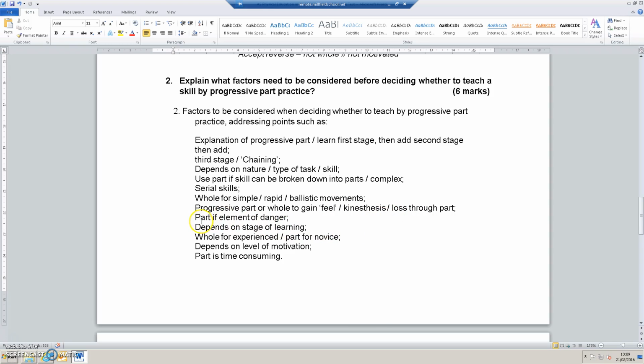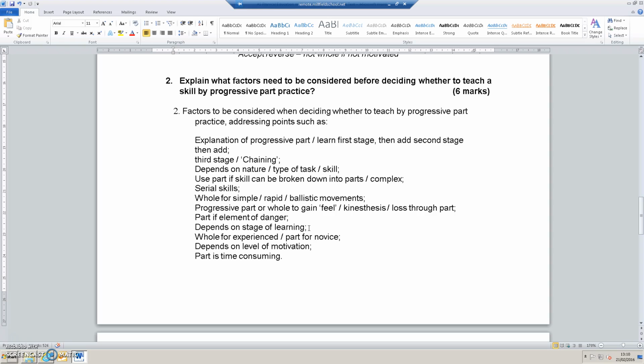All right, so moving on from there, similarly as to the question before, we might choose part or part progressive if there's an element of danger, i.e. we don't want them to look to do the whole skill in one go, because that might be dangerous for them. It also depends upon their stage of learning, and I emphasize again here the need to make sure that you focus on this terminology, the stage of learning, rather than their age.